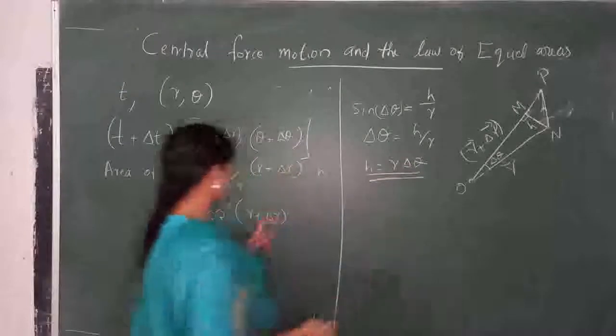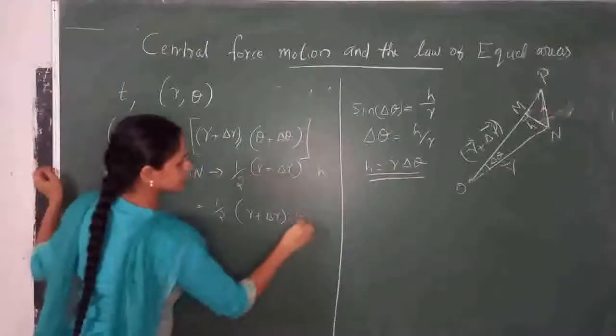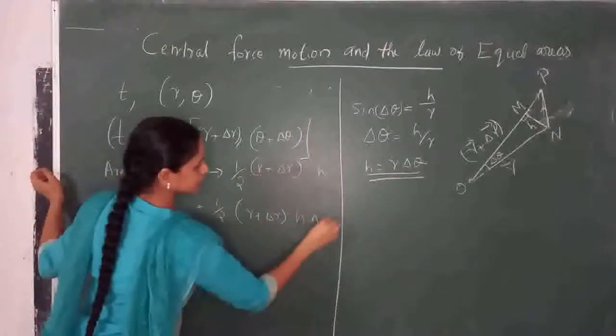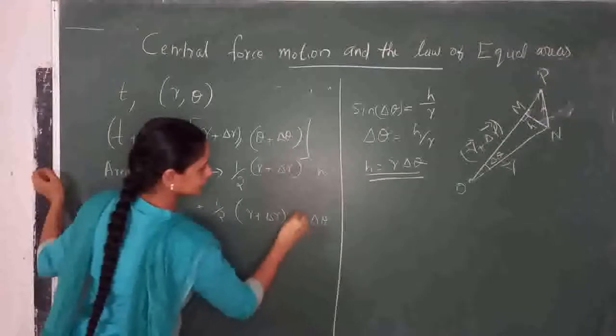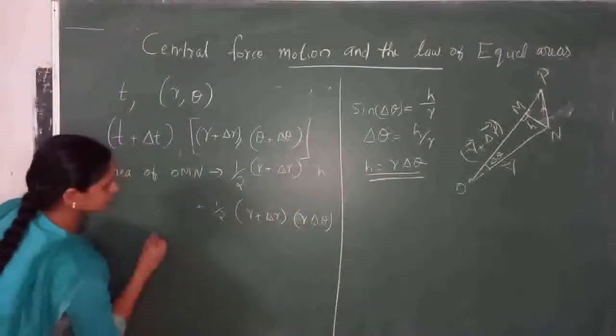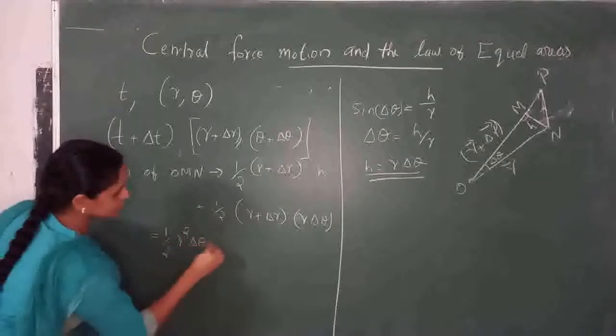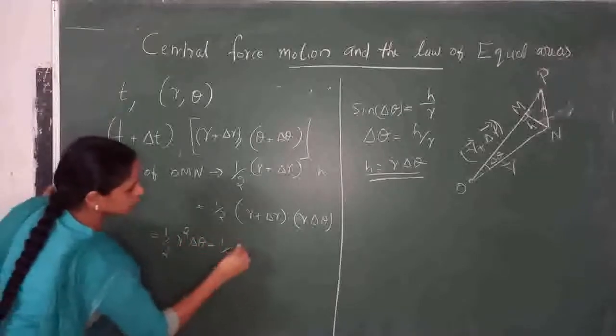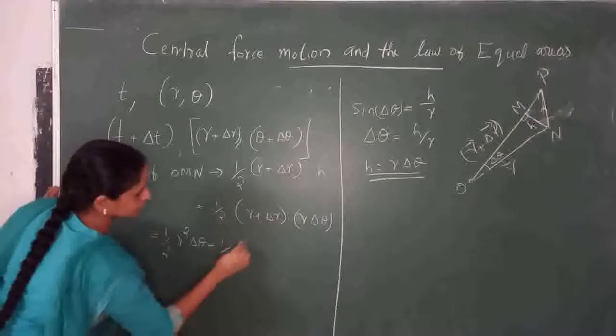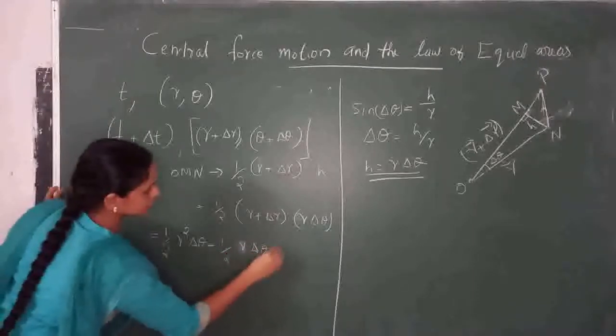So we can use that here. So the area is equal to half into r square delta theta plus half into r into delta theta delta r.